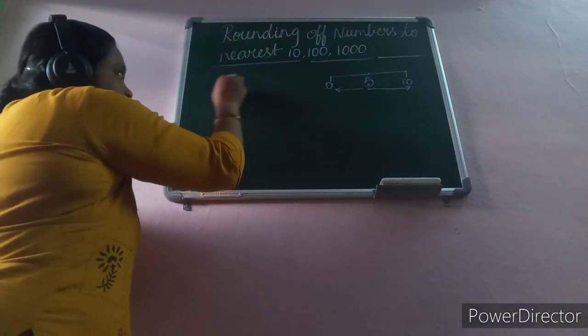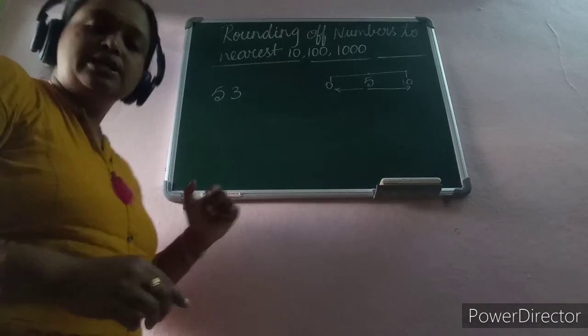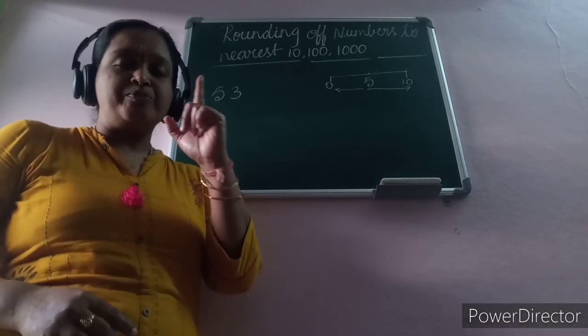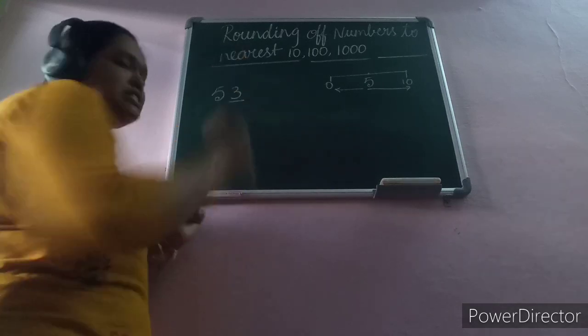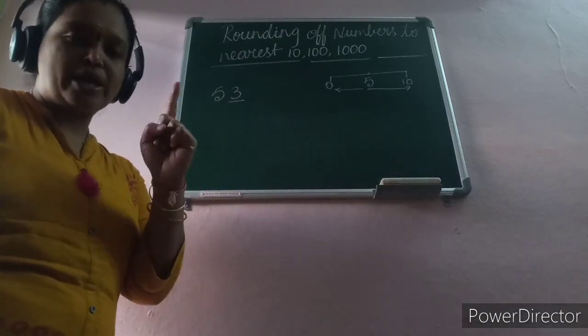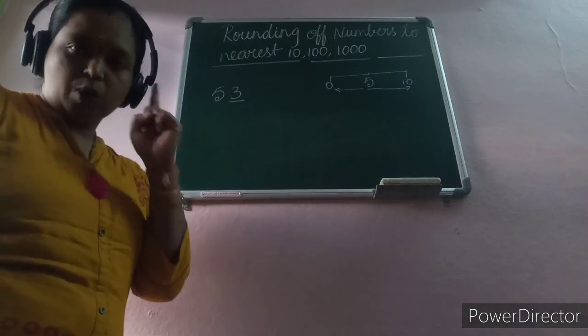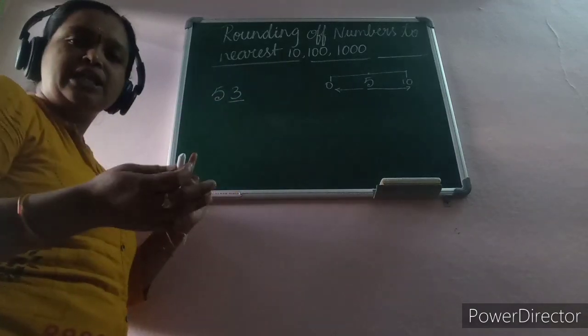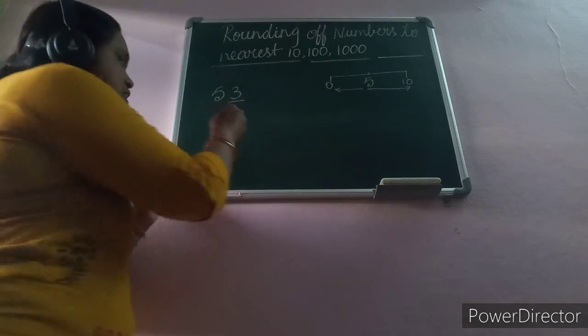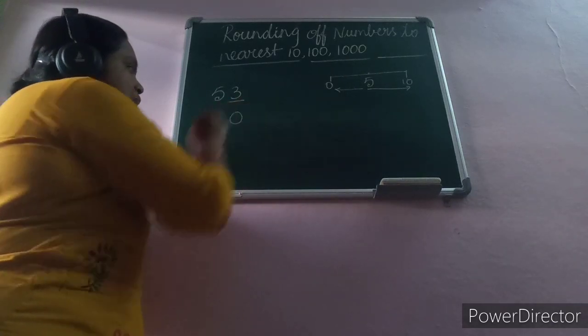Say for example 53. Now come on to the steps. Step 1: underline the digit in the ones place. This ones place digit is going to become 0 in the answer, so write 0 below it.